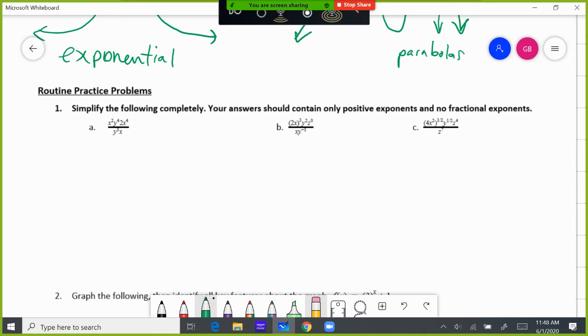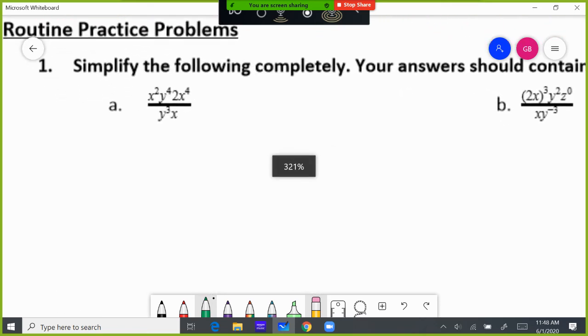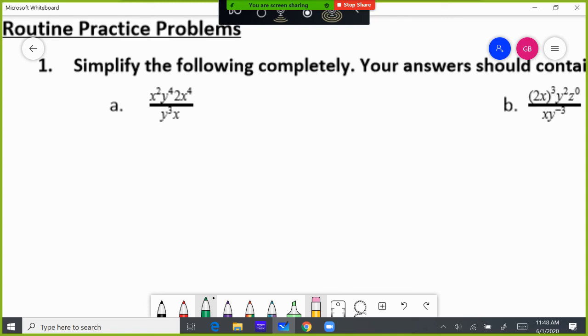Rules of exponents. So first, remember when you multiply numbers with the same base, you go ahead and add the exponents. So let me zoom in here. I could actually add the 2 and the 4 because they both have the same base of x. So this is actually 2x to the 6, y to the 4th, over y to the third x.